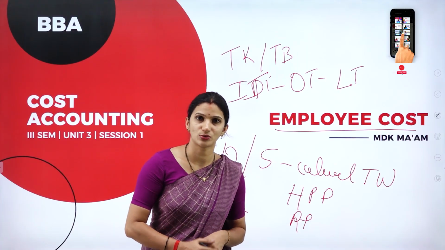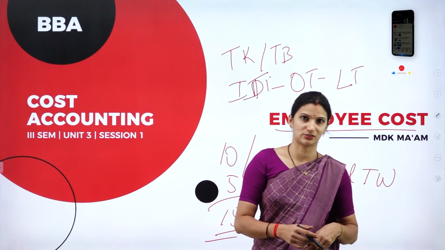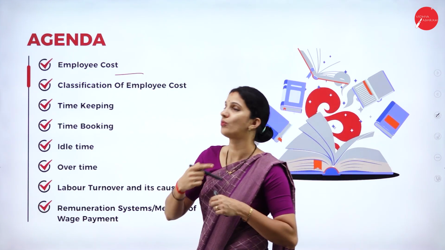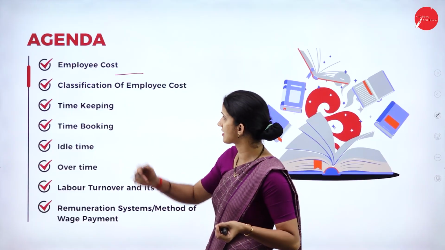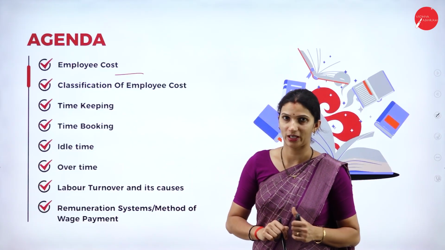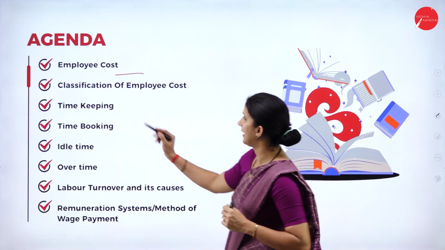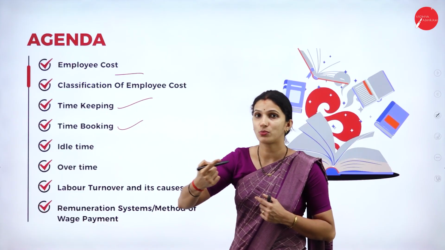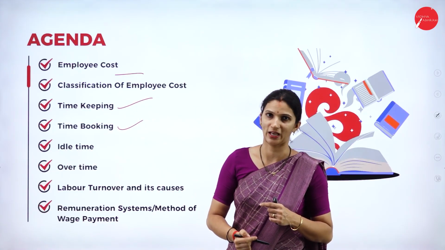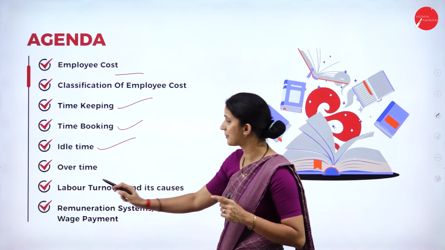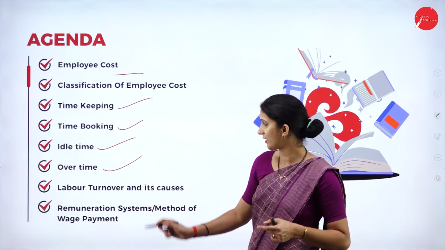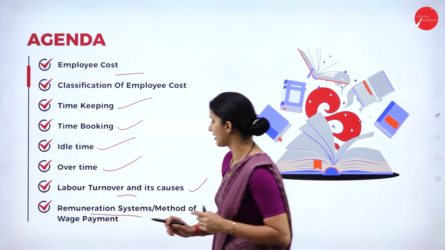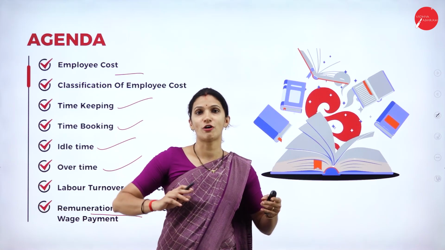So now let's move on to the topics we are going to cover in today's session. Here is the agenda for today's session. We have the discussions on what is employee cost or labor cost, what are the classification or types of labor cost or employee cost, and then what is timekeeping and what are the methods of timekeeping, again what is time booking and what are the various methods of time booking, and what is idle time, what is overtime, and then we have labor turnover and its causes, and then we have the remuneration systems or methods of wage payment.